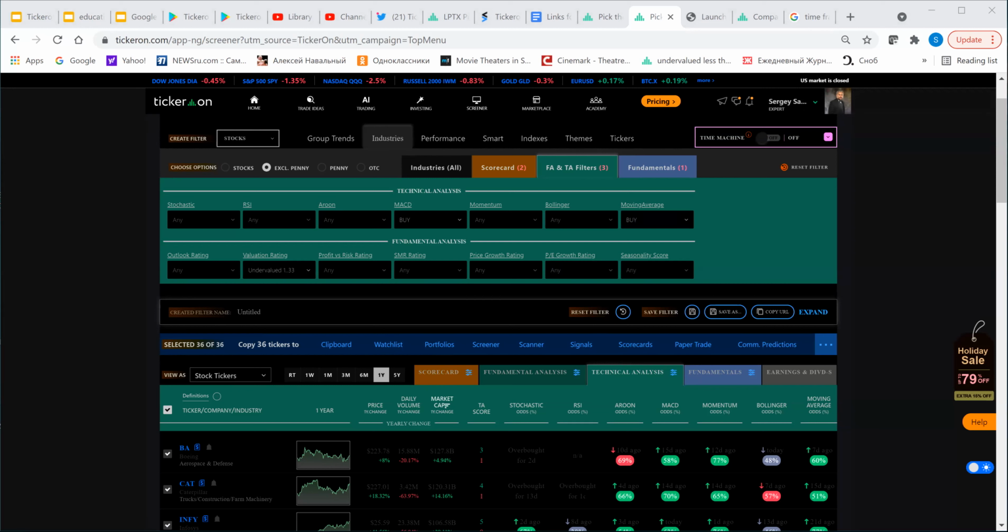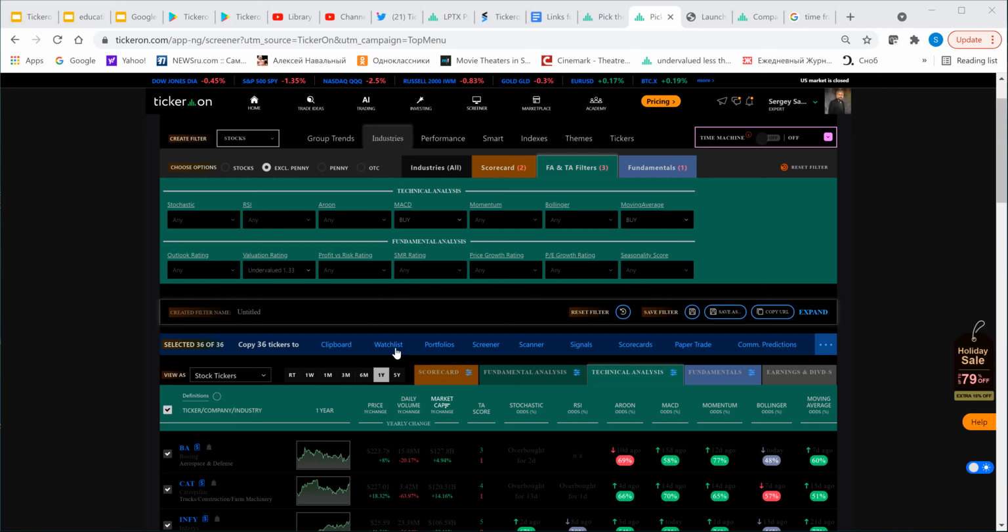You see, these are the stocks which I selected using really very little knowledge of the fundamentals, because I used just simple stuff, undervalued stocks. This is a list.